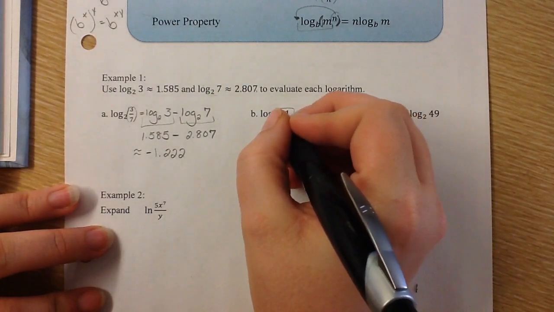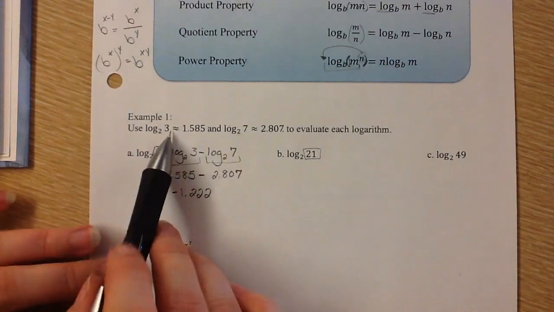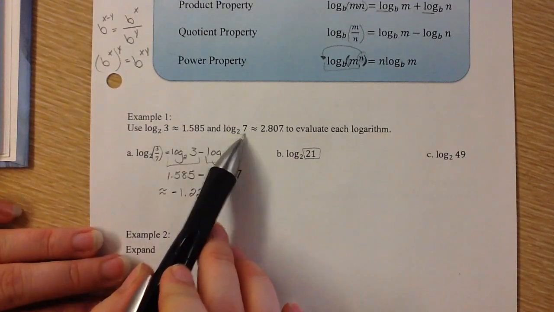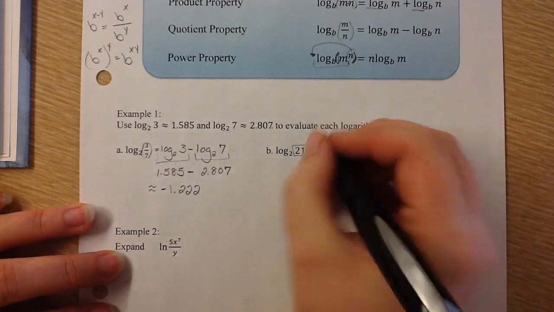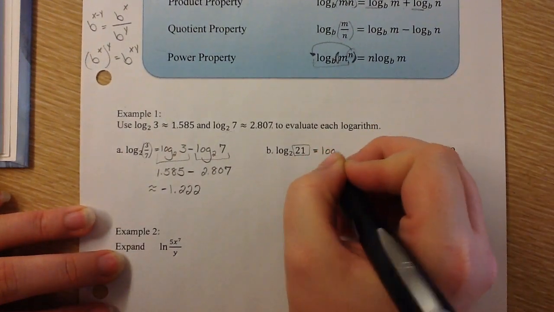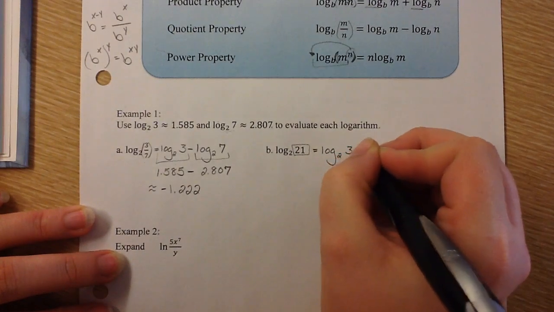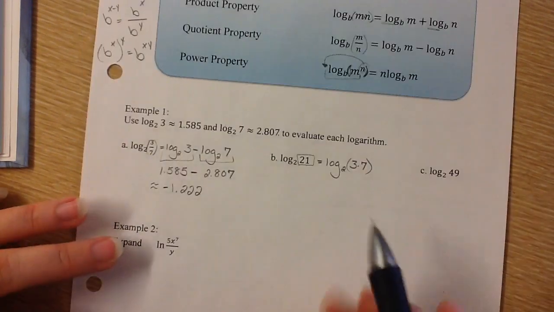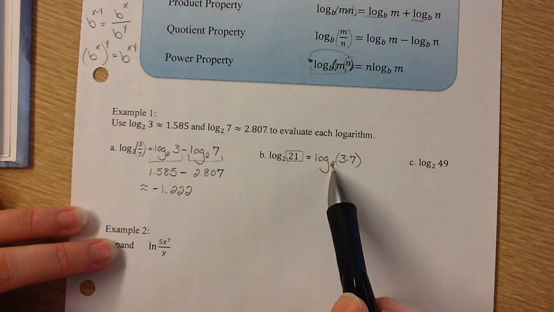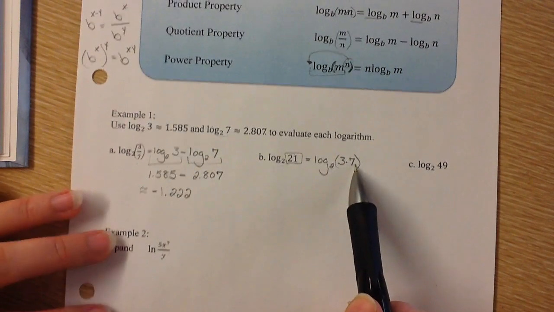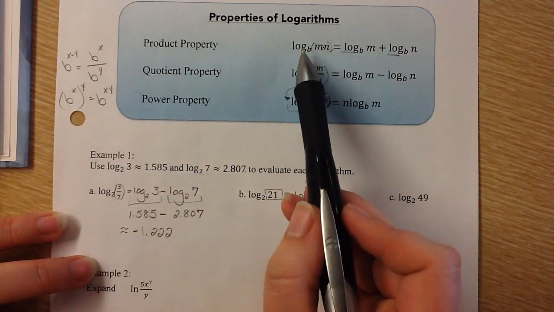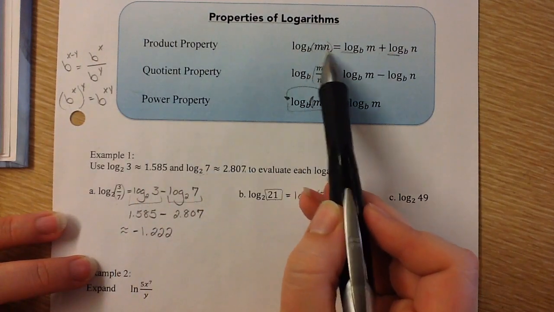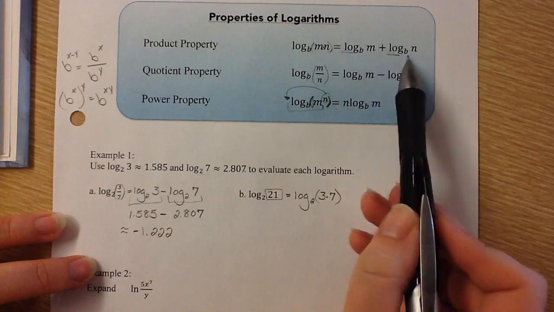Sometimes you have to break it up yourself. Here we have log base 2 of 21, but the only logs we know about are of 3s and 7s. Well, lucky for us, 3 times 7 is 21. So I'm going to rewrite this as log base 2 of 3 times 7. Now I can use my product property, because log base b of m times n means take the log of each piece and add them.